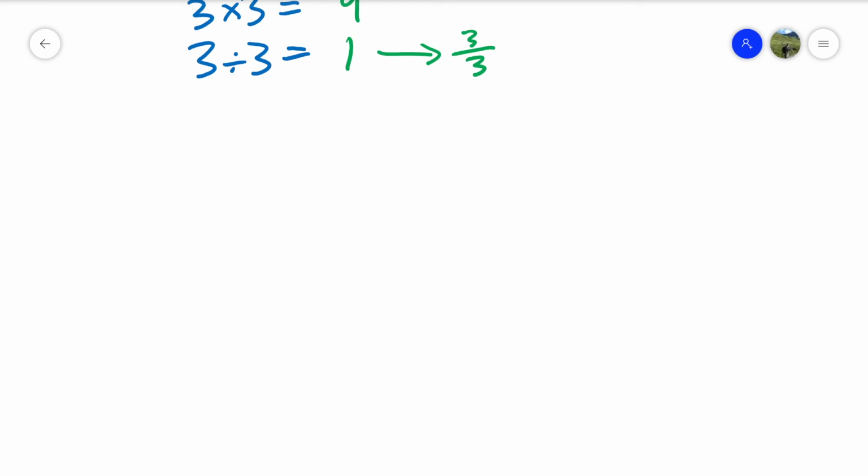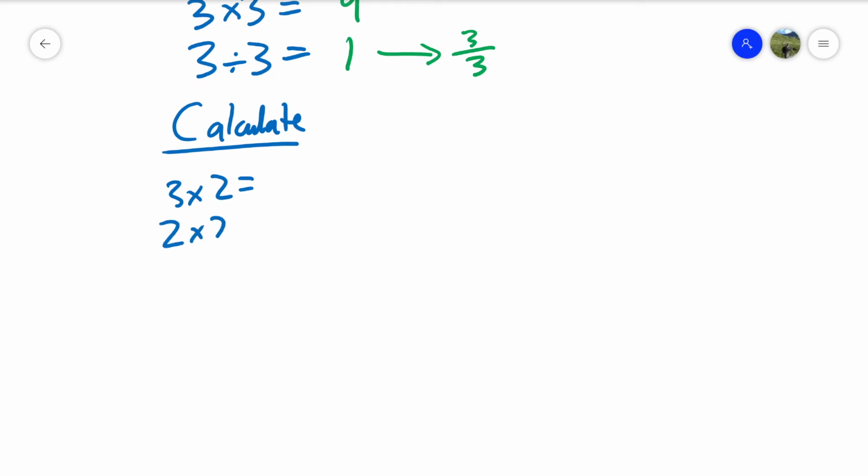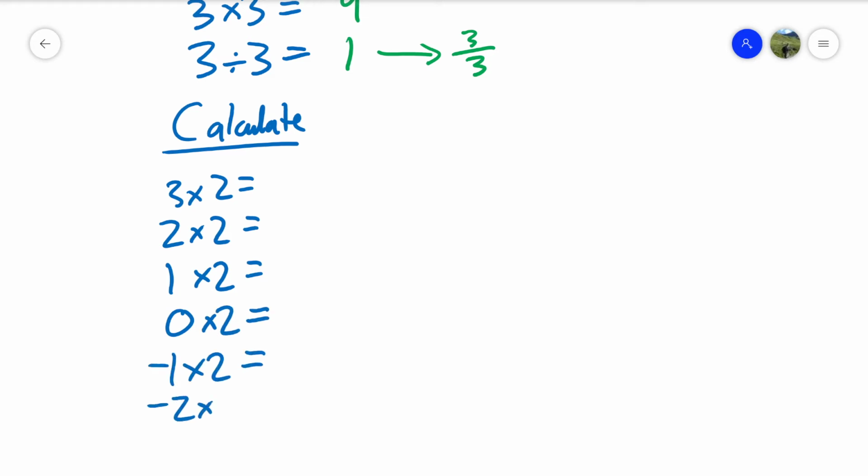You get 1 each. Got another calculate here. I'll let you know when I've finished writing them out. Finished. Have a go in your own time. See you back here. And my answers are this.